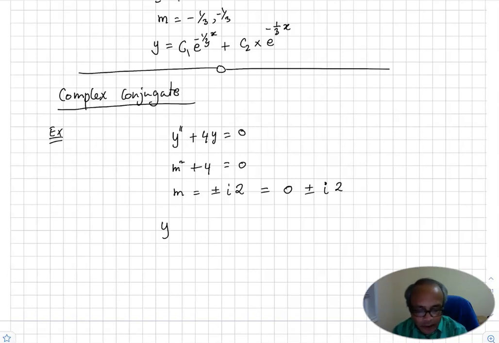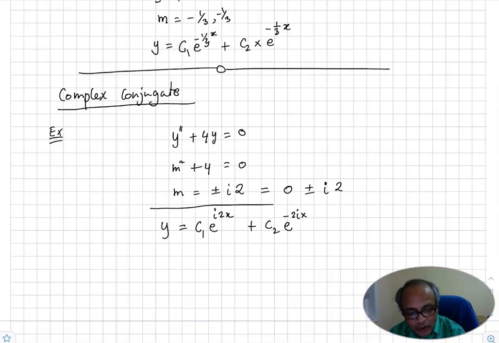Well, obviously you can think of it this way. There are two roots. Because we are thinking e to the power mx is a solution, the first one will be e to the power i2x plus a second one, c e to the power negative 2ix.